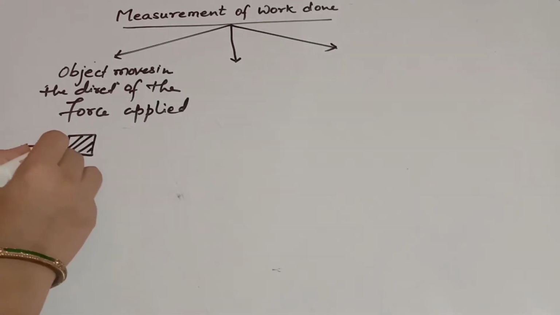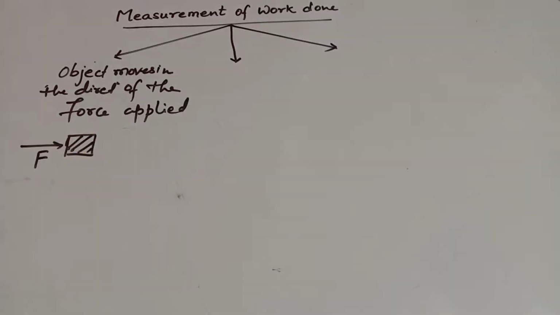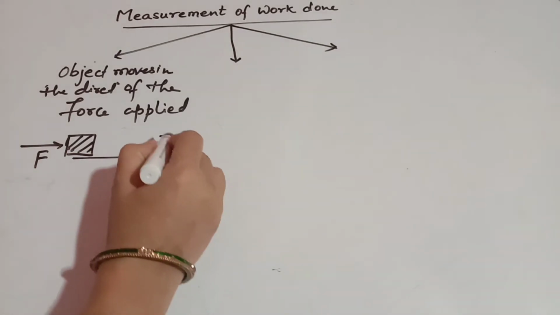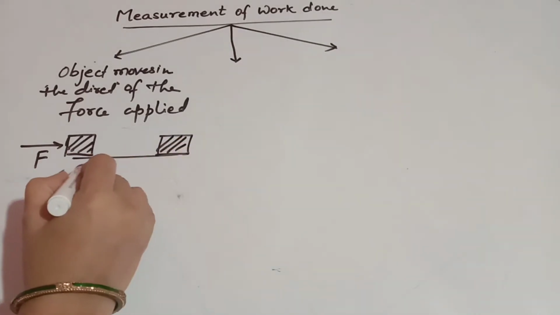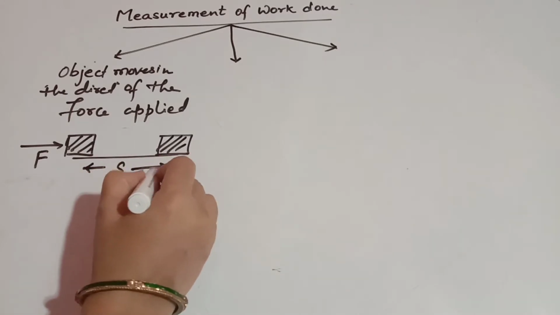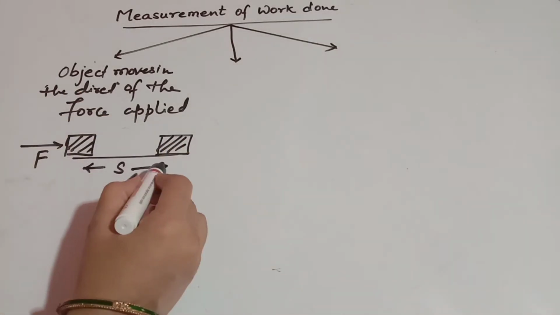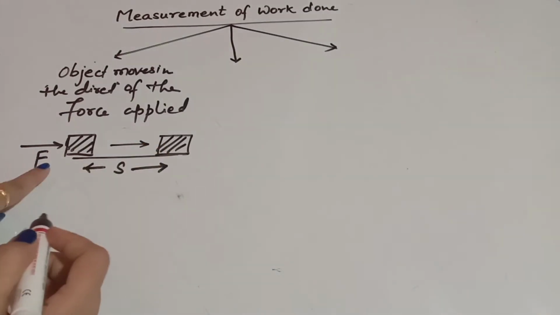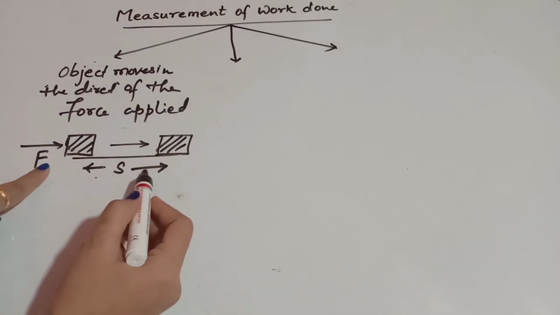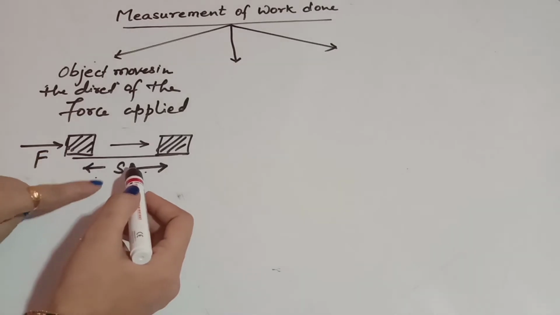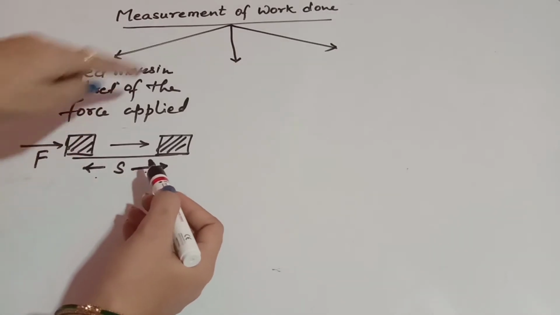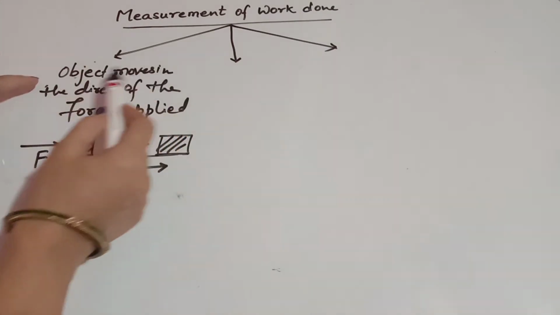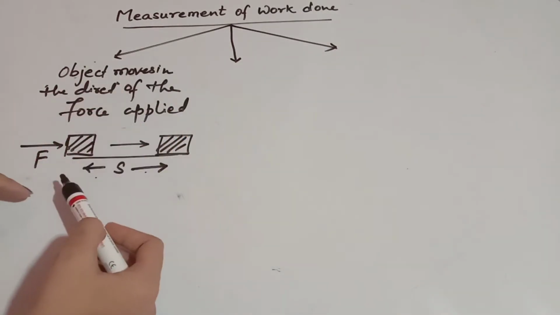You apply the force F on this object and the object displaces to this point. The displacement we represent as S, and the direction of displacement is also in the direction of force. This is the direction of force and this one is the direction of displacement. So this is the first case that we discussed, how we define and measure the work done when the object moves in the direction of the force applied.